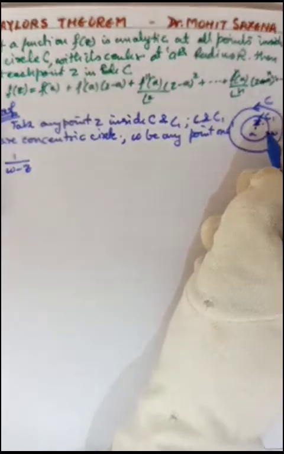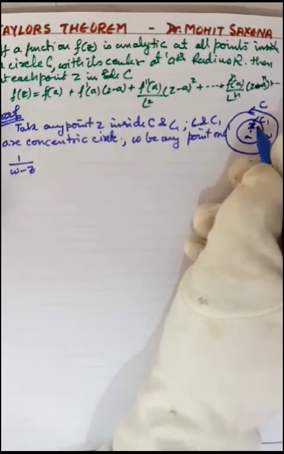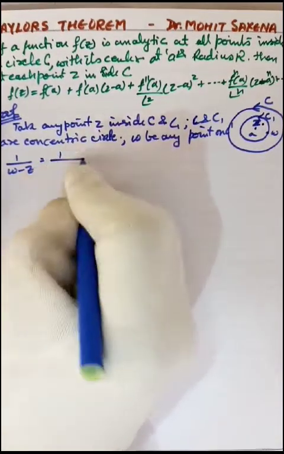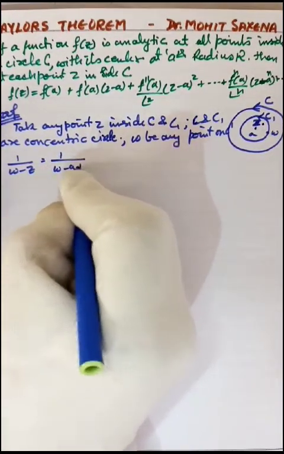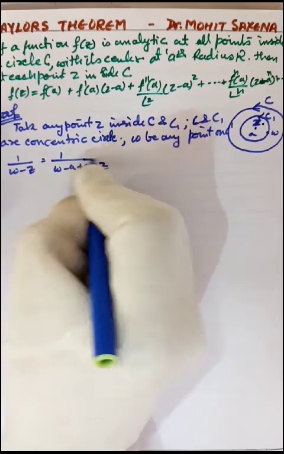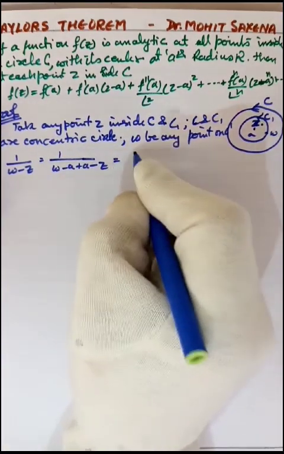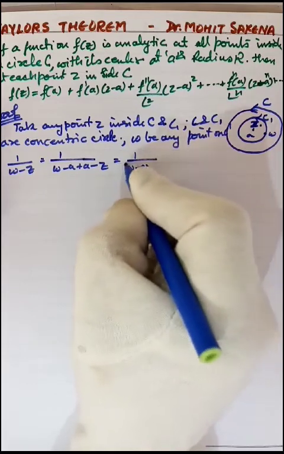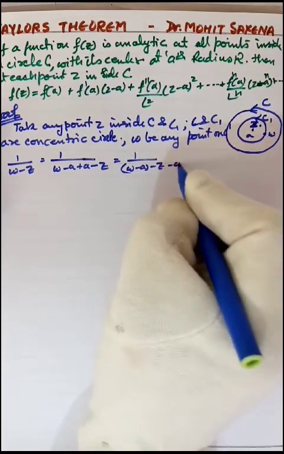W is the point on C1 and Z is the point inside C1, so this can be written as 1 upon (W minus A) plus (A minus Z), which equals 1 upon (W minus A) minus (Z minus A).